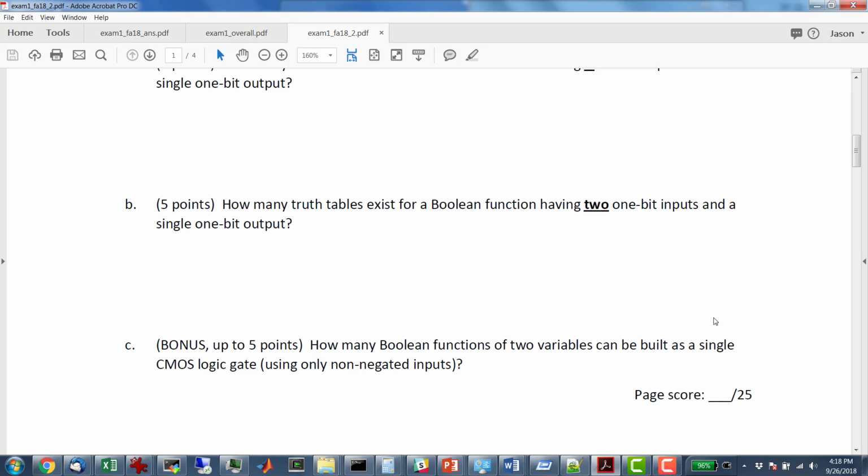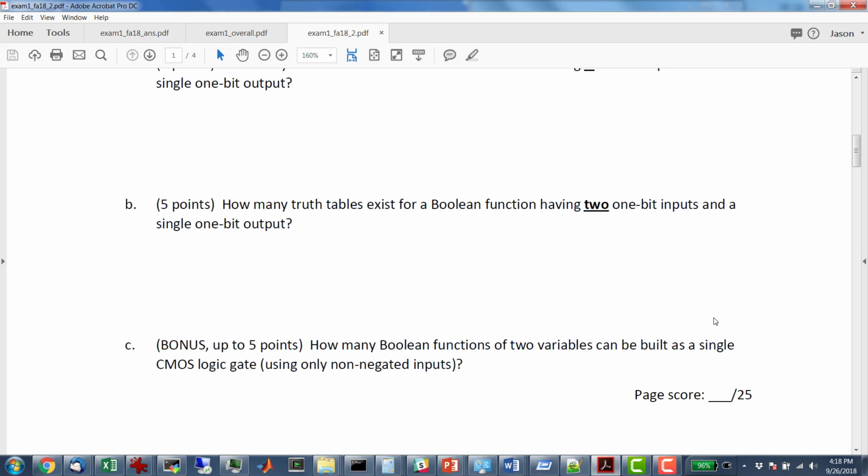Because this would mean that all NMOS are off, because remember, NMOS turns on with a 1. There's no way to turn on an NMOS transistor and no way to activate the pull-down network if I'm putting all zeros in, right? Meaning that this has to be a 1. I have to put a 1 out.